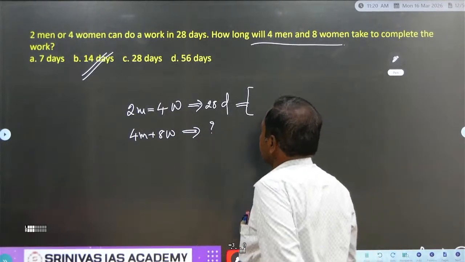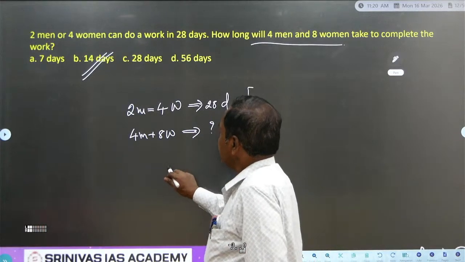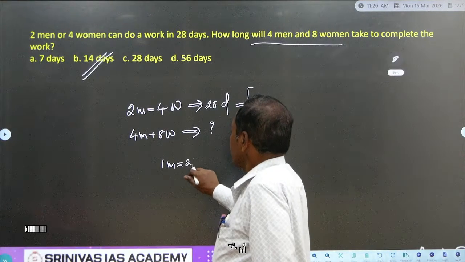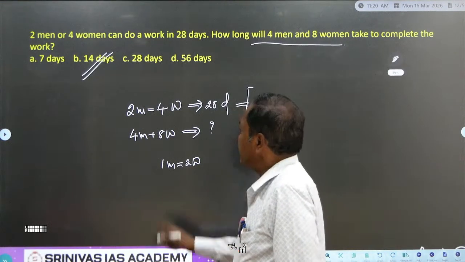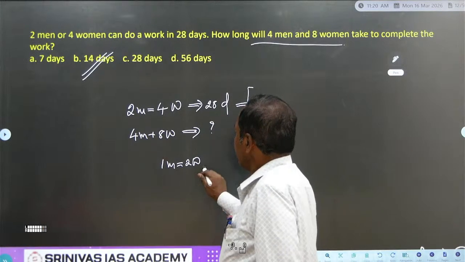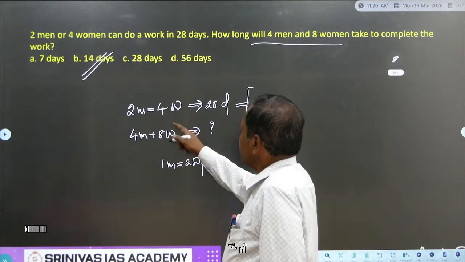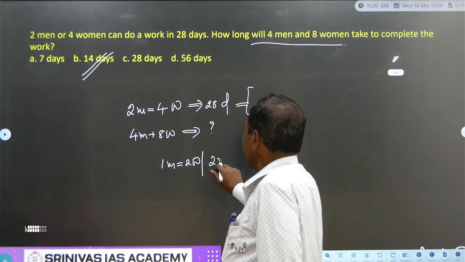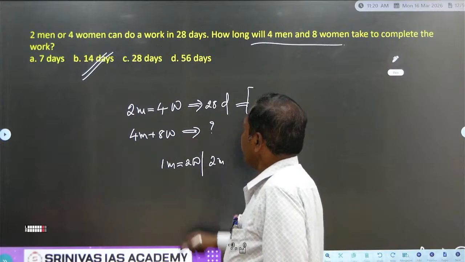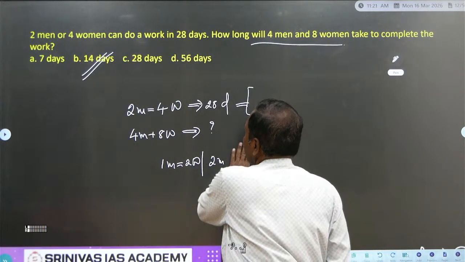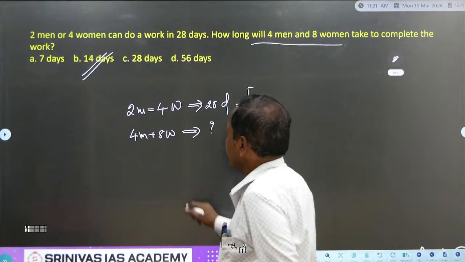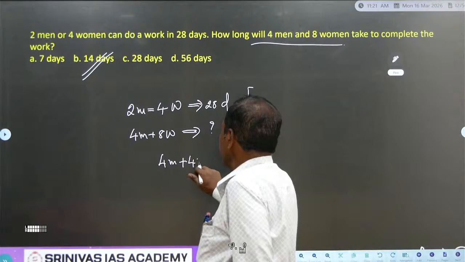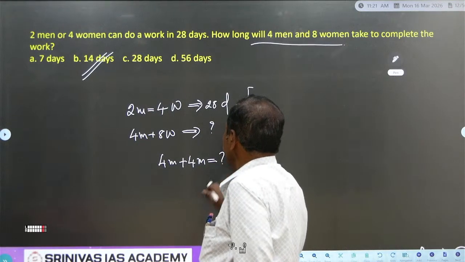Now see, keep it aside like that. 1 man is equal to 2 women. If we do like that, the next step is what? 2 men, the 4 women not necessary. 4 men plus 4 men is equal to how many days?